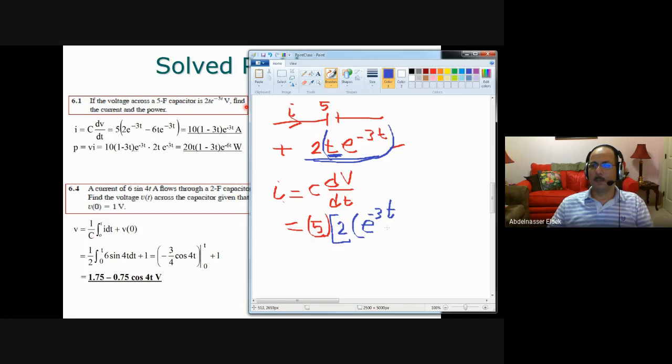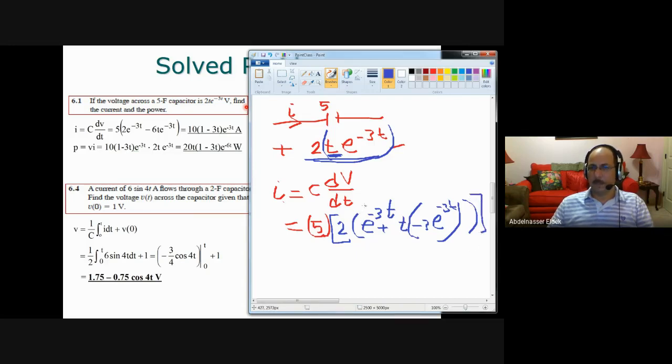Plus, when you differentiate e to the power of negative 3t, it will be negative 3 e to the power of negative 3t, times t. Then you close this one and this one.